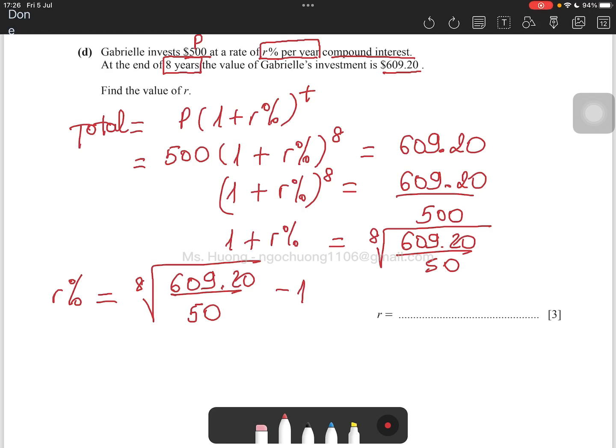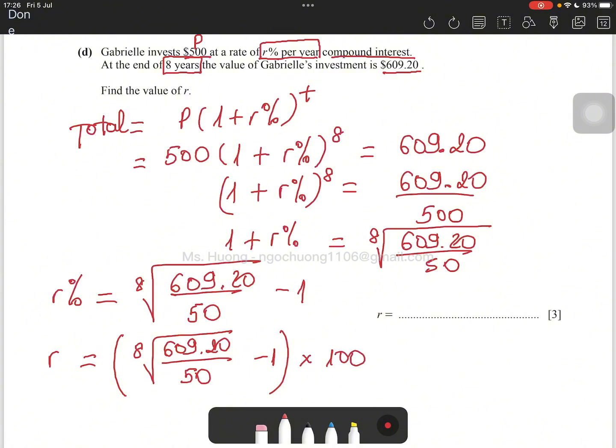And finally, R% means R over 100. So I'll remove the number 100 by multiplying both sides by 100. So this is gonna be 609.20 over 500, minus 1, all multiplied by 100. And the answer is 2.50.